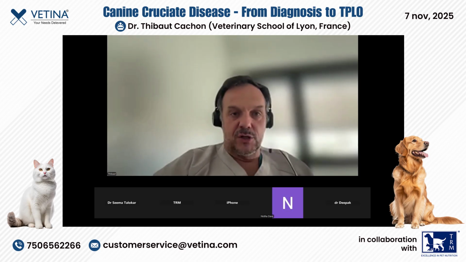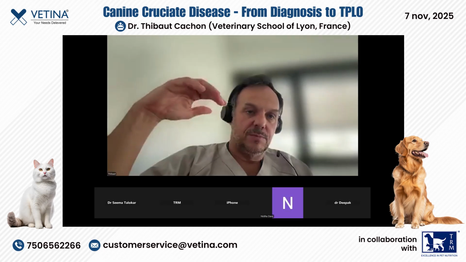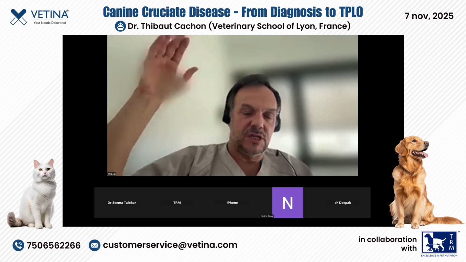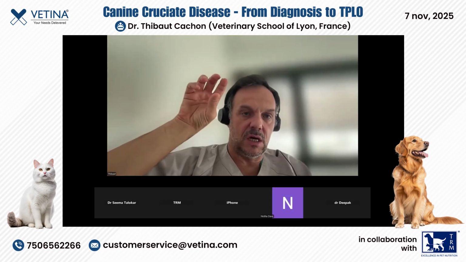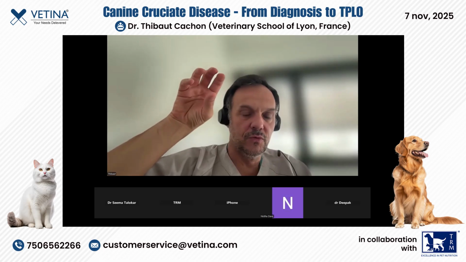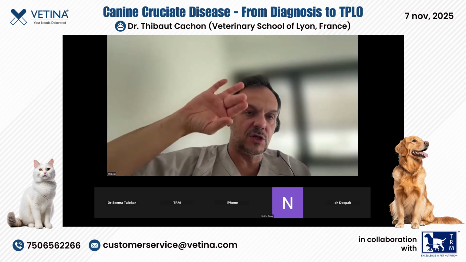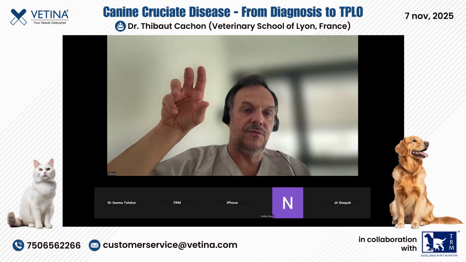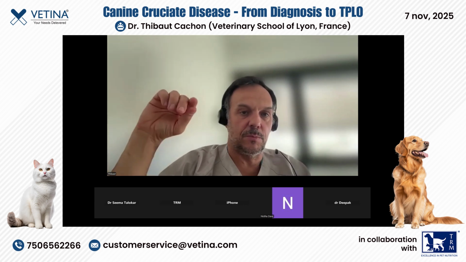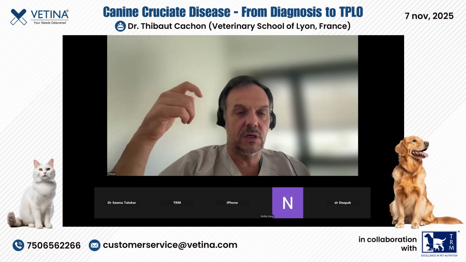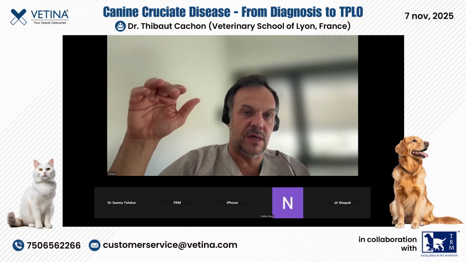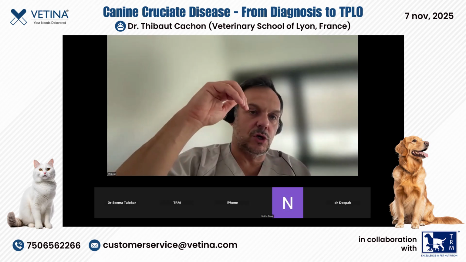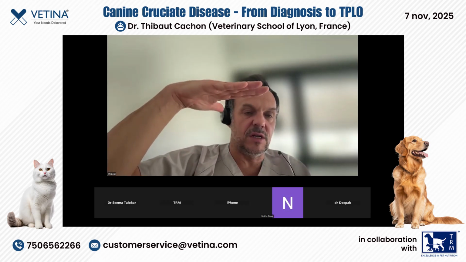You can get a fracture of the patella or fracture of the tibial crest, but there is no patellar modification, no modification of the position of the patella, because you don't touch the attachment of the tibial tuberosity. The tibial tuberosity won't move. You can get modification of the position of the patella with a TTA, of course, but also with a cranial closing wedge or with the CBLO, where you are going to do your cut behind the tibial tuberosity attachment.